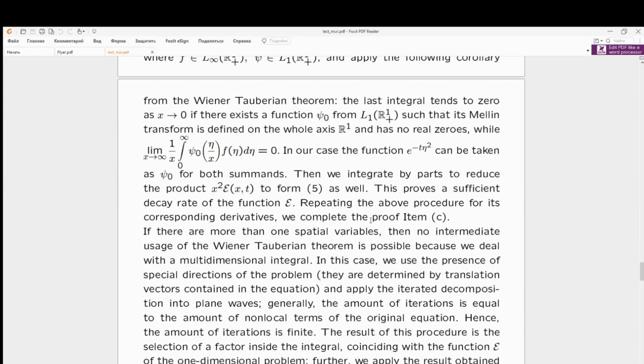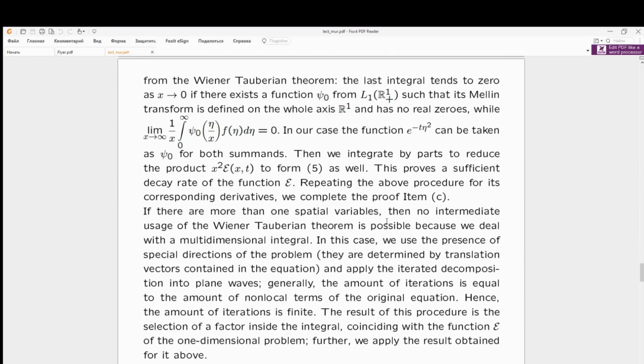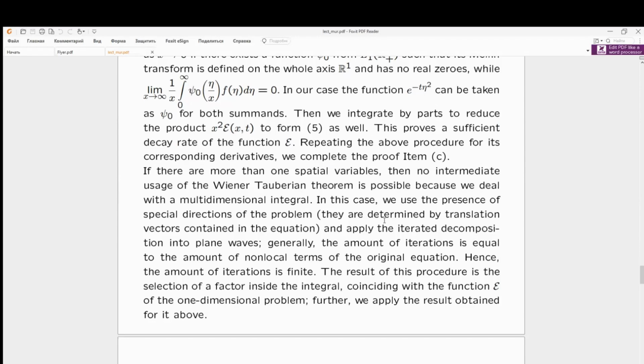If there is more than one spatial variable, then no intermediate usage of the Wiener-Tauberian theorem is possible, because we deal with a multidimensional integral and all Tauberian theorems are one-dimensional. But in this case, we use the presence of special directions of the problem. They are determined by translation vectors contained in the equation, and we iterate the decomposition of the integral into plane waves.